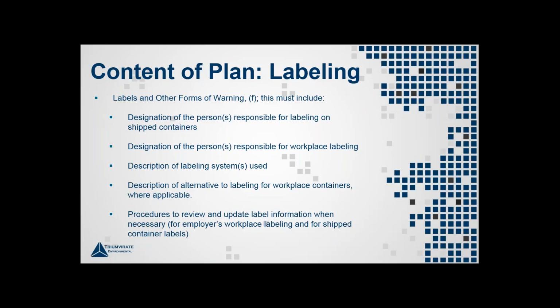And again, this is verbatim right out of the rule. Then a description of the labeling system, a description of the alternative system that you use, and any procedures that you use to review and update label information, either anything you're doing internally because you figured out something was different or wrong. So you want to make sure that there is an actual procedure in there for how to do that process.